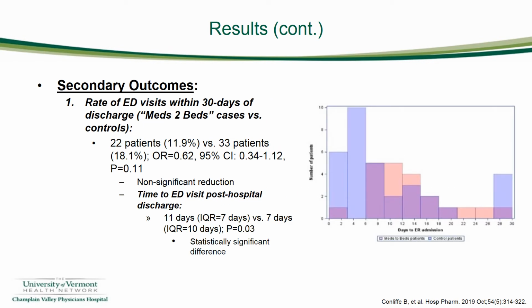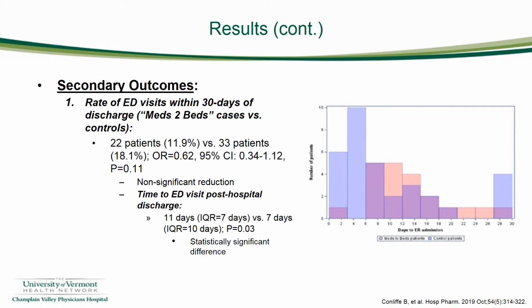For the secondary outcome of rate of ED visits within 30 days of discharge, comparing the meds to beds group versus the control group, there was again, similar to the primary outcome, a non-significant reduction in this outcome. We saw 12% of patients in the meds to beds group and 18% of patients in the control group having an ED visit within 30 days of discharge.